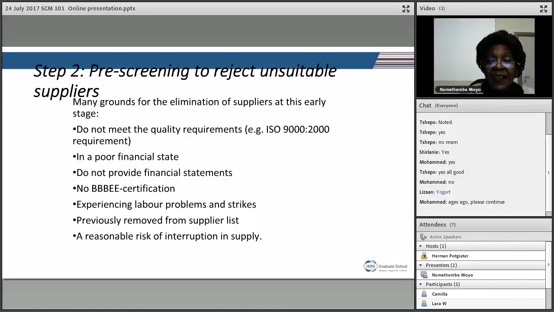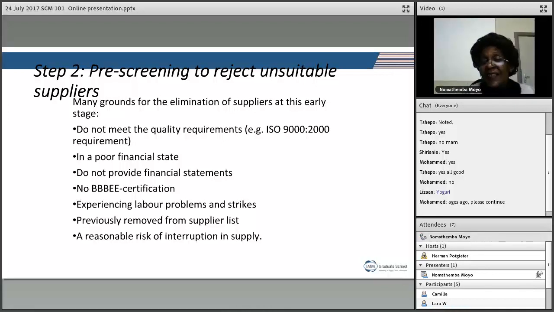Those that are experiencing labor problems and strikes, because if they are, you might be disrupted. You might stay for weeks or months without any materials, and you'll not be in production.